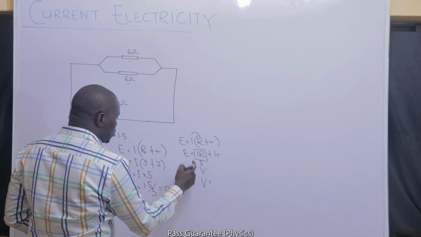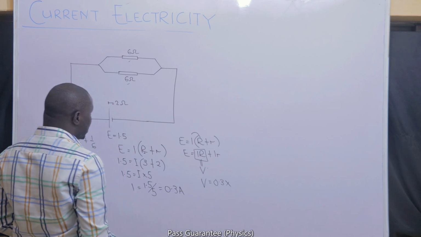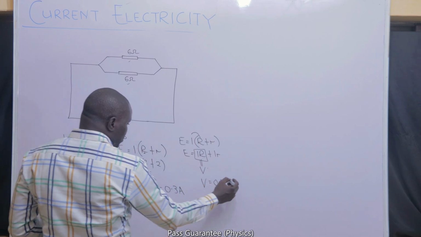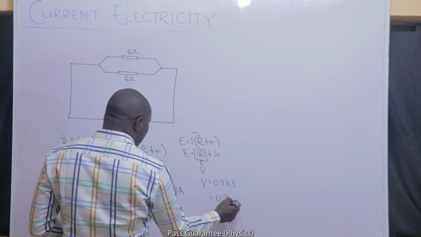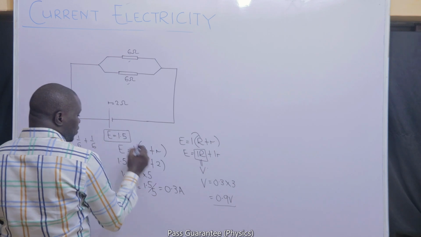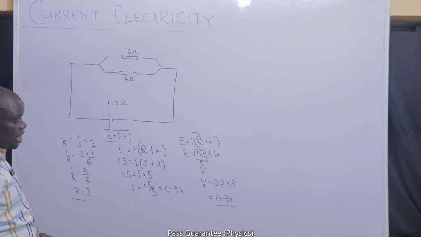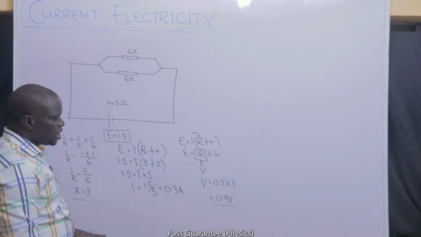So our V is equal to the current 0.3, and our total external resistance is 3. The answer is 0.9 volts, and we can clearly see that while the EMF of this cell is 1.5, the terminal potential difference that is available for our external component is 0.9 volts.